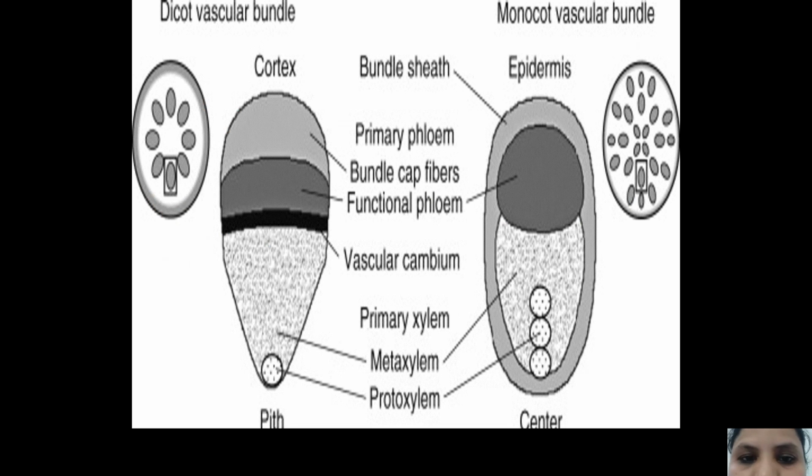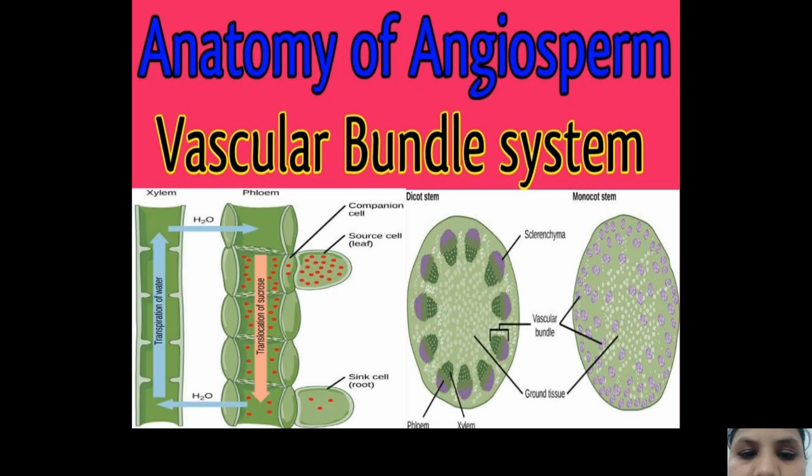Now, as our topic is about the dicot vascular bundle, comparatively observe the dicot and monocot vascular bundle. If you see the enlarged vascular bundle, one of the vascular bundles among the ring, you can see the primary xylem, metaxylem, and the vascular cambium, which is present in between the xylem and phloem.